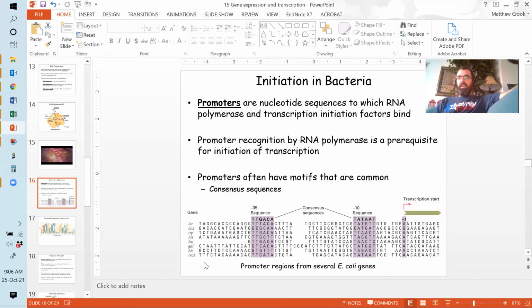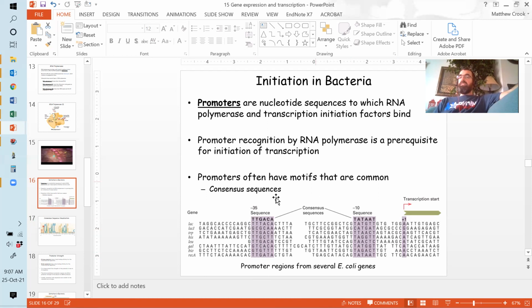Down here, RecA, which is involved in recombination and DNA repair from memory, has the exact same sequence as the consensus sequence. Others, like LacI, which is the lac operon inhibitor, don't hew as closely to it at all.